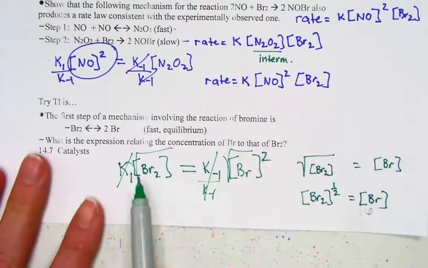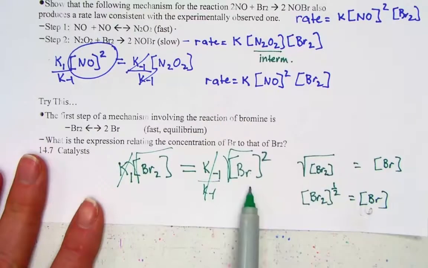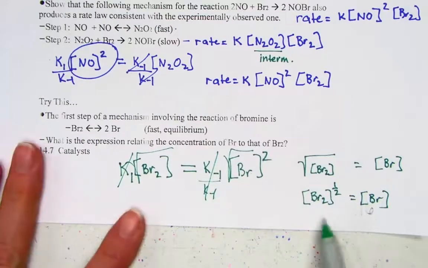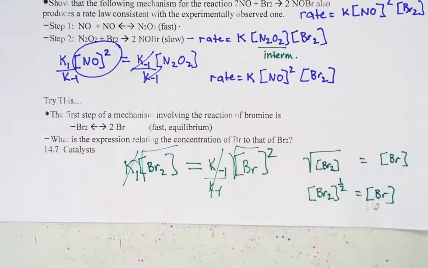So with this example, we were just simplifying algebraically. If we have orders with respect to the intermediates, we'll take care of that by taking the square root if need be. So this would have the overall reaction, Br2 raised to the 1/2 power, as the equivalent of that intermediate, the bromine atoms. Let's pause there for a moment.